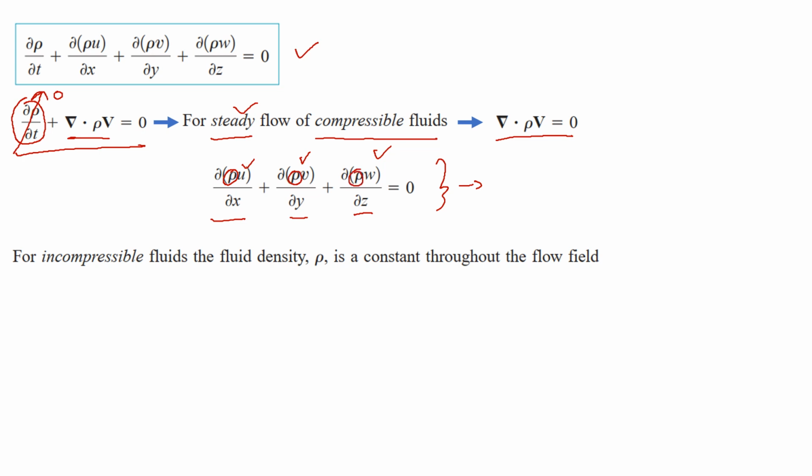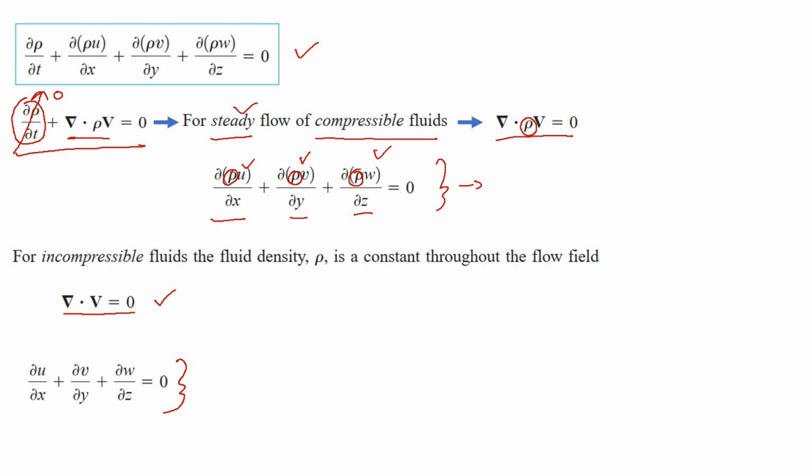These density terms will be neglected, and this is how our continuity equation will look if we apply that for incompressible fluids and also steady. So this will be a more generalized representation. Now the density term is neglected because density is not changing, density is constant, and here if we write the del operator and the velocity vector, this will be our continuity equation in differential form for incompressible and steady flowing fluid.